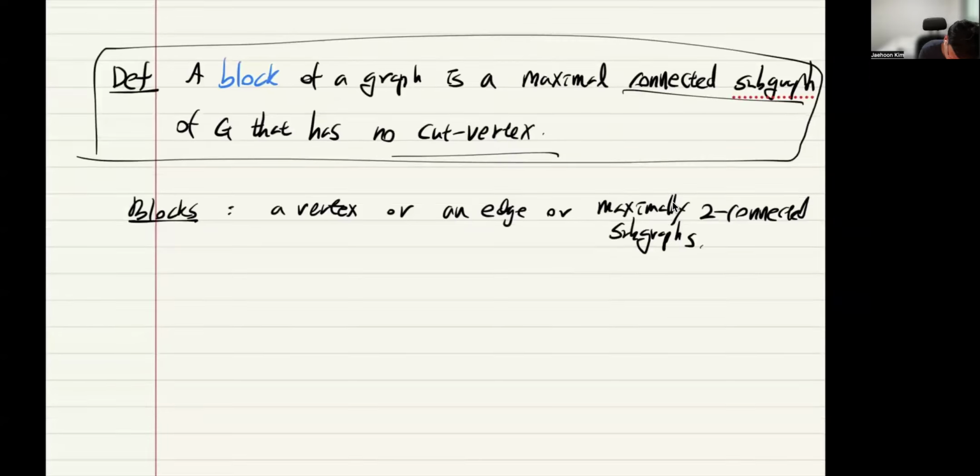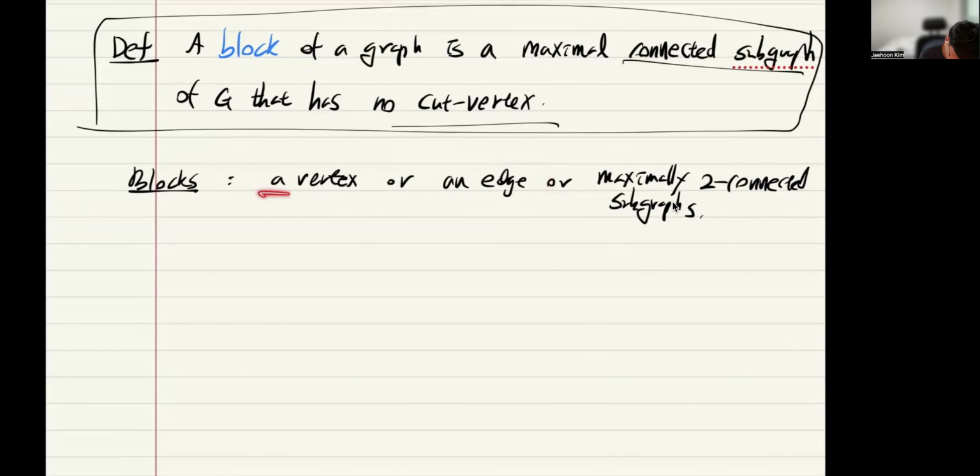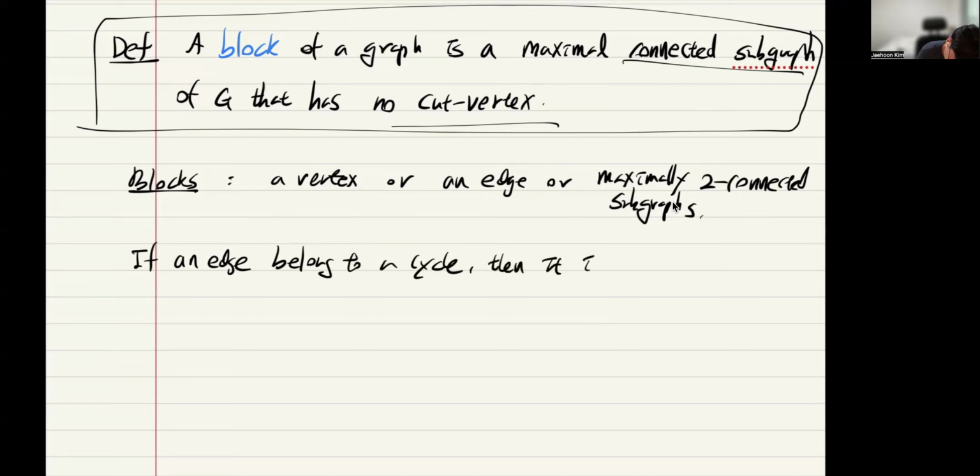And moreover, these vertex and edge have a specific structure. Meaning that, if we have an edge, if it belongs to a cycle, then it is not a block.